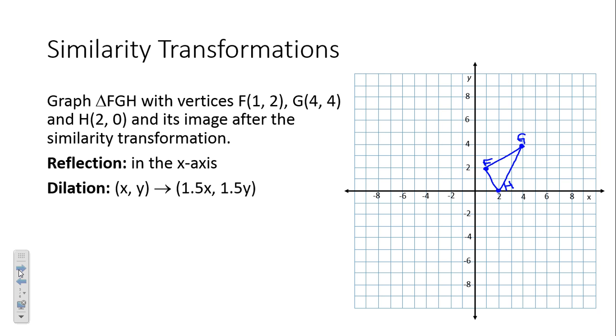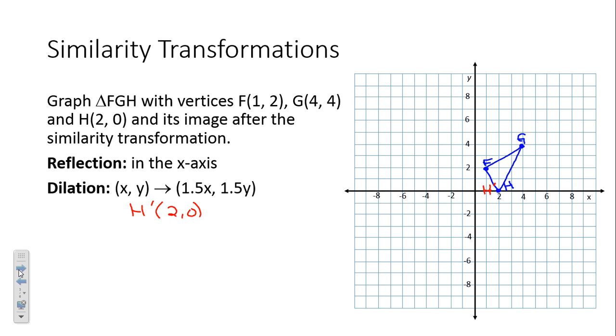So Maddie, what do we do when we reflect across the x-axis? You go down. Good. So is H moving if we're reflecting across the x? No. So this is our H prime. H prime is staying at 2, 0. What's happening with F?